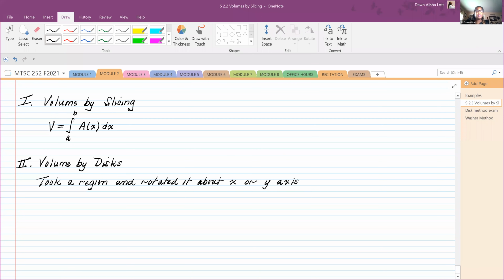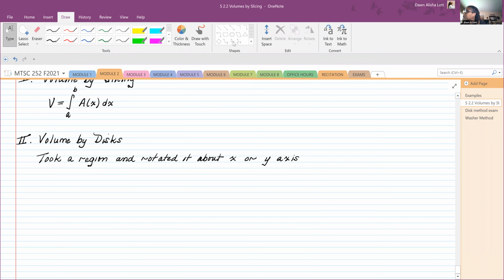So if we had a region that looked like this, and this was our curve, and it was inside this region, and so this was my region.